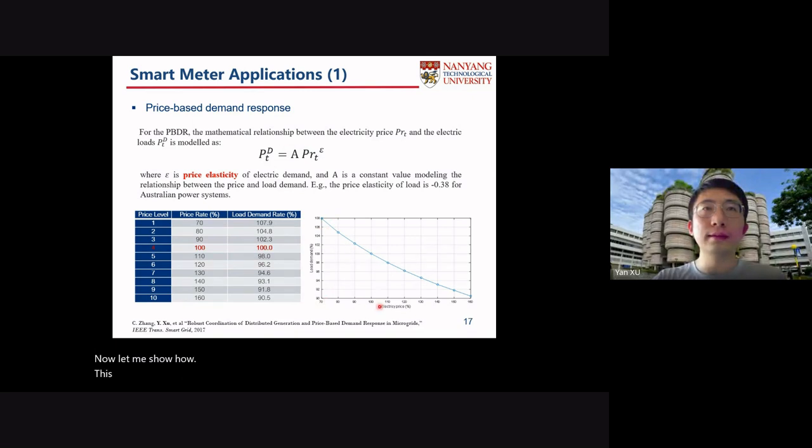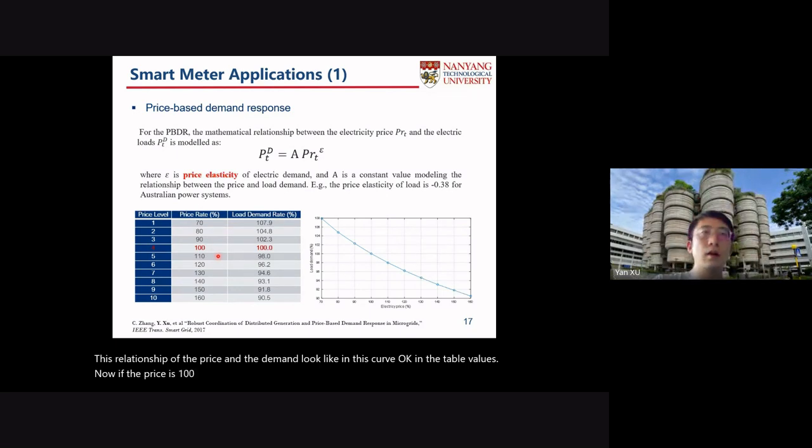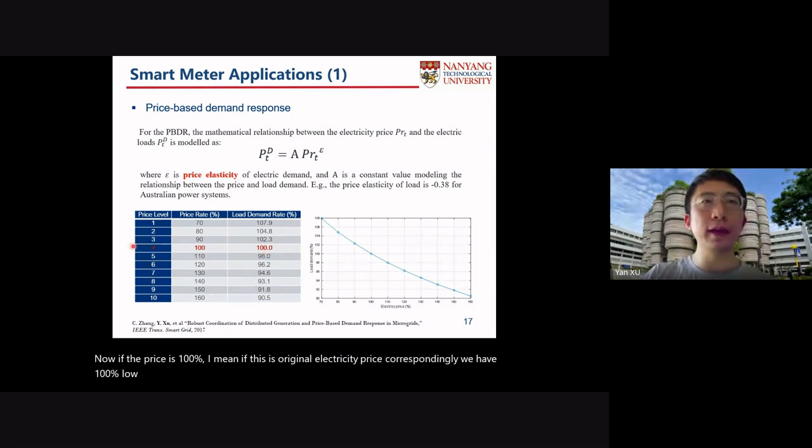Now let me show how this relationship of the price and the demand looks like in this curve. In the table values, if the price is 100%, I mean, if this is the original electricity price, correspondingly we have 100% load demand. So this is the base value.